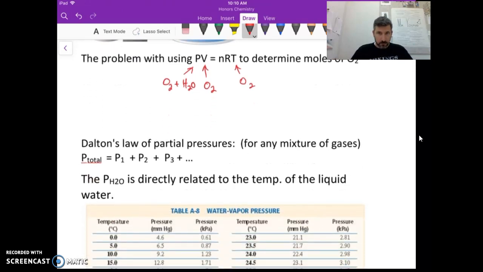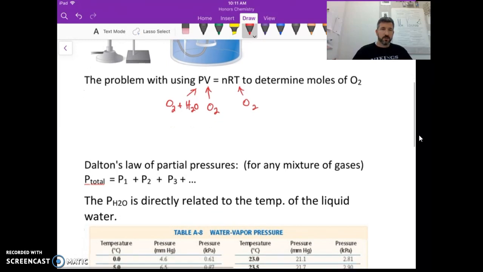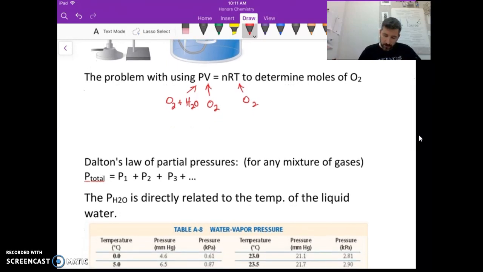And so the idea that all of the pressures in a mixture of gases add up to a total pressure is called Dalton's law of partial pressures. Dalton's law of partial pressures says that the total pressure in the sample is going to be equal to the pressure due to each individual gas.